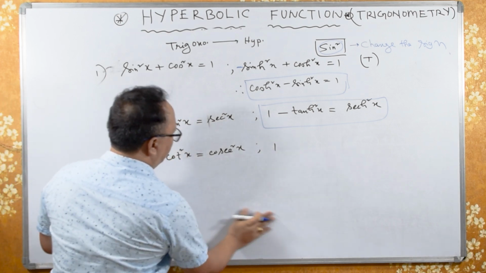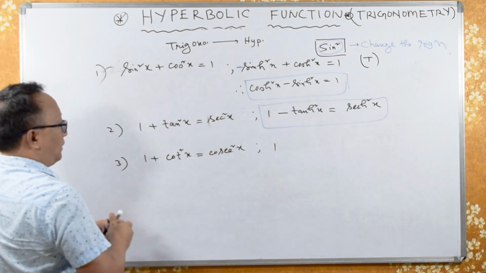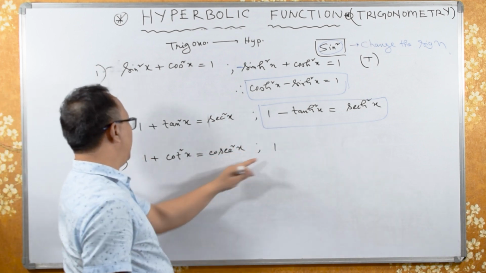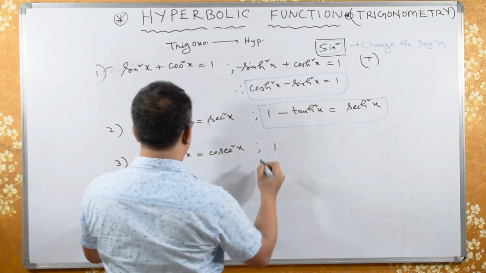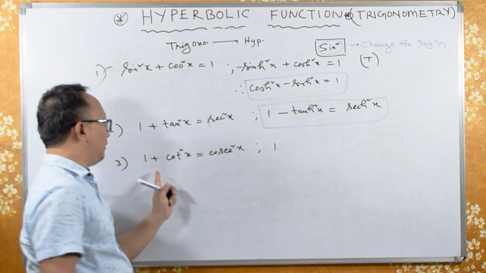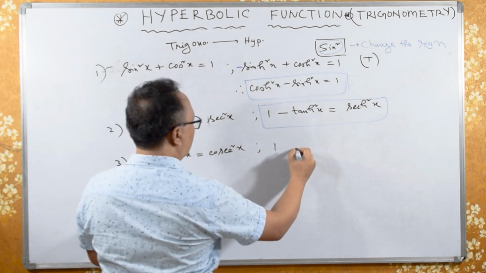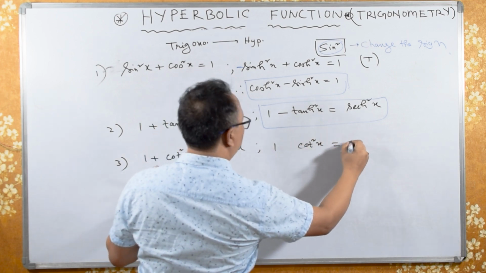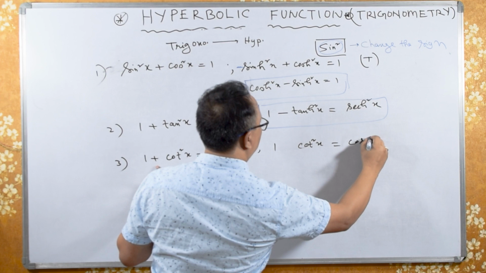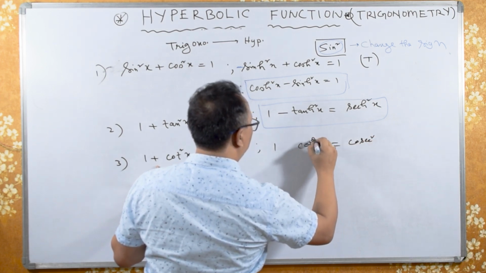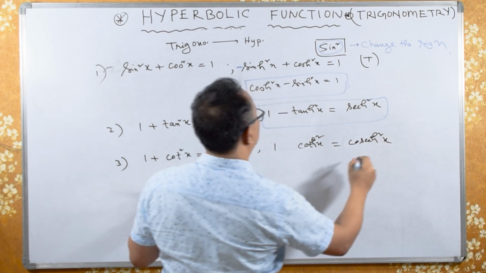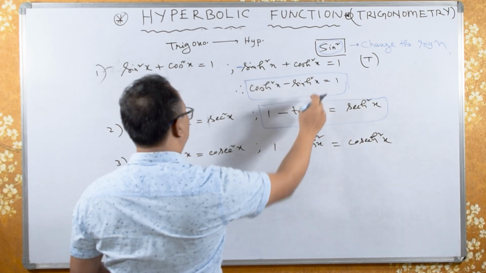Now it is in hyperbolic form. Constant keep as it is, keep the sign blank, you don't have to write anything. We will substitute here 1 plus cot hyperbolic square x equals cosec hyperbolic square x. This is hyperbolic square, this is also hyperbolic square x, all are hyperbolic.